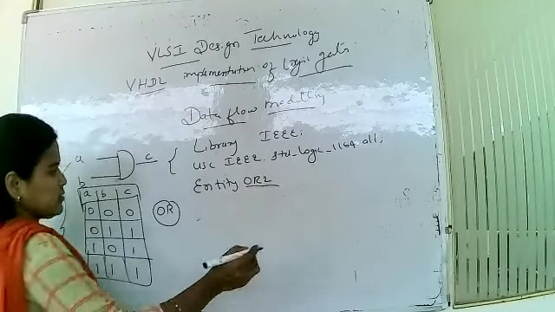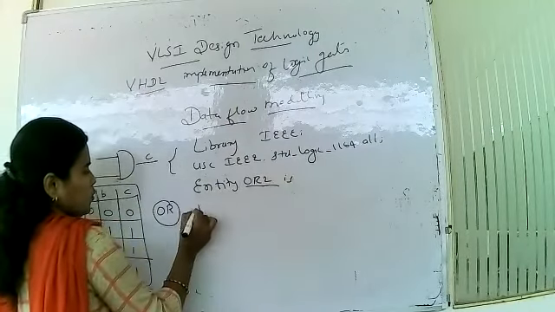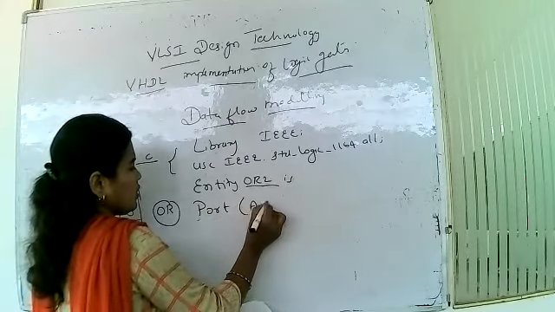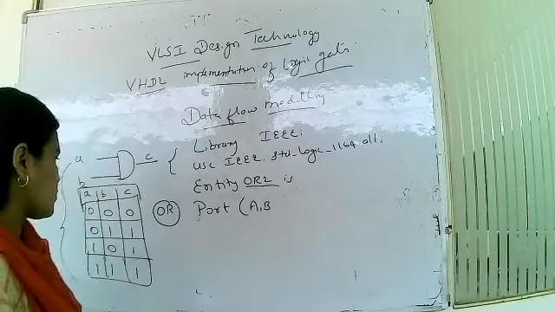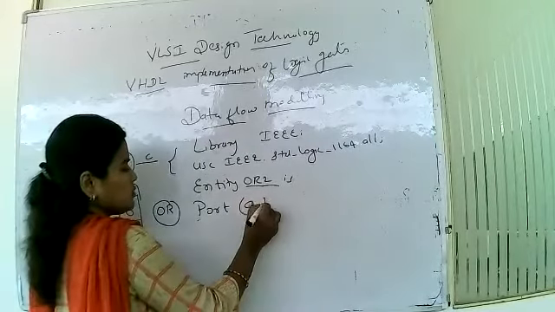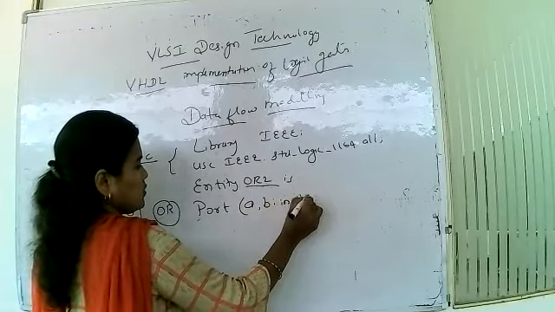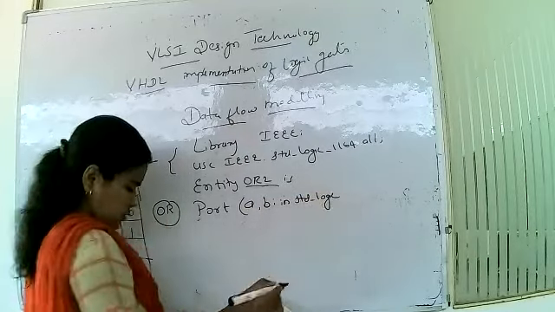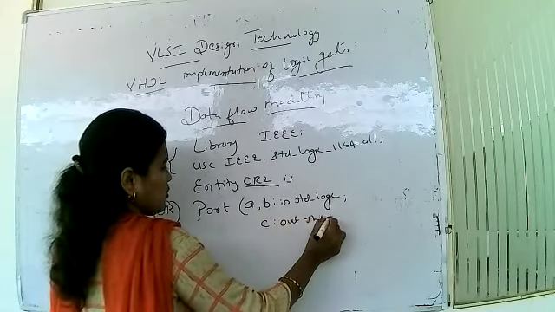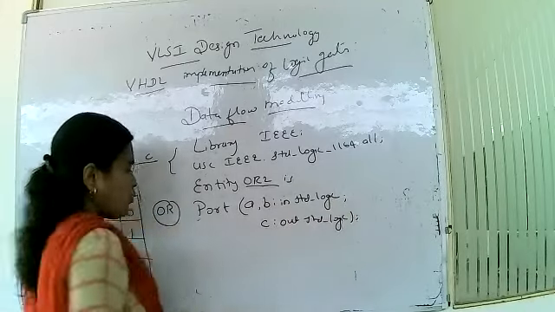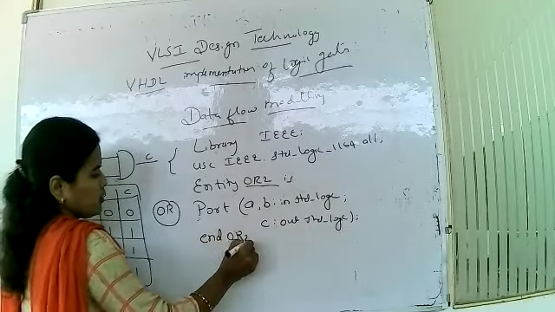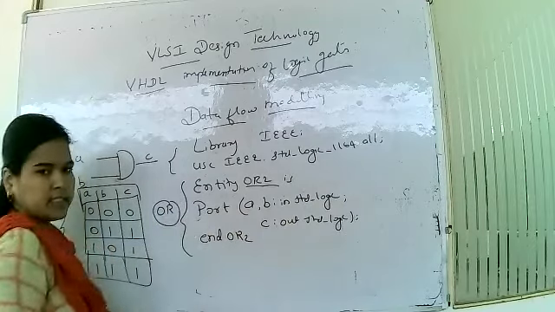The entity or2 is port A comma B, in std_logic, and the output is out std_logic, and end or2. So it completes the entity part.